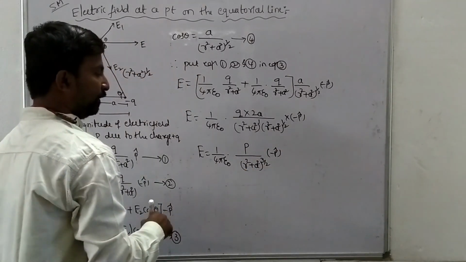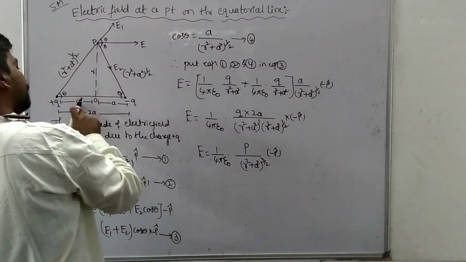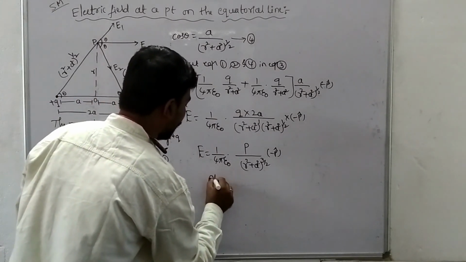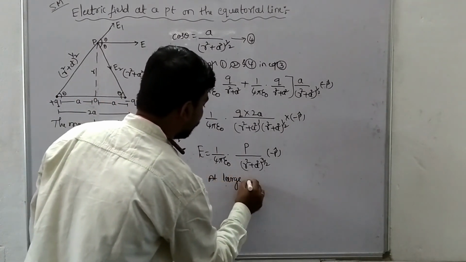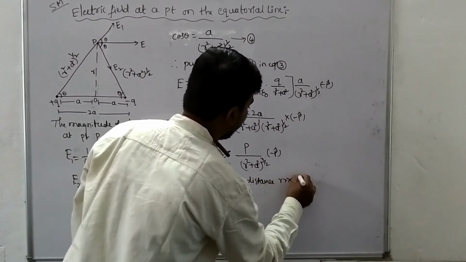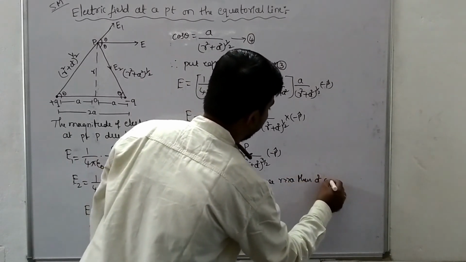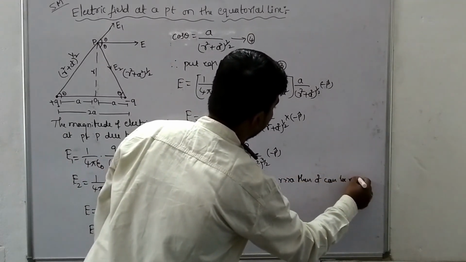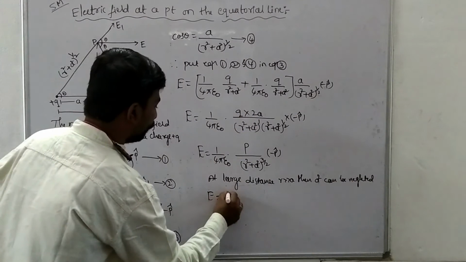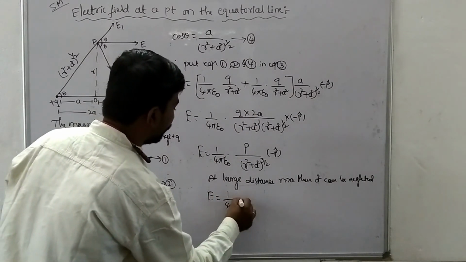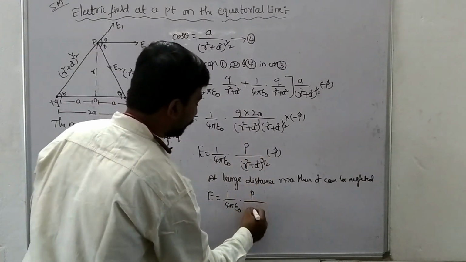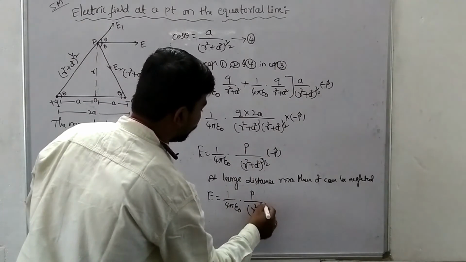Then from this figure, at large distance, r is much greater than a, so a square can be neglected. Therefore E is equal to 1 by 4 pi epsilon naught into P divided by, neglecting a square, r square whole to the power of 3/2.